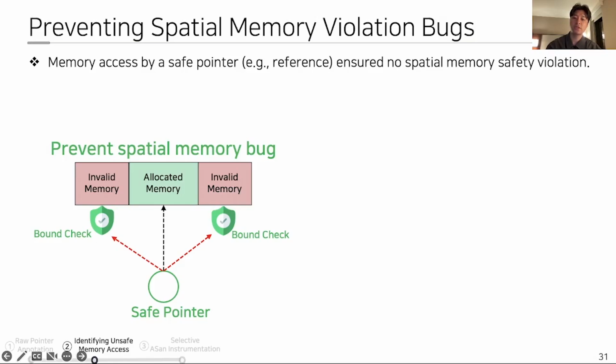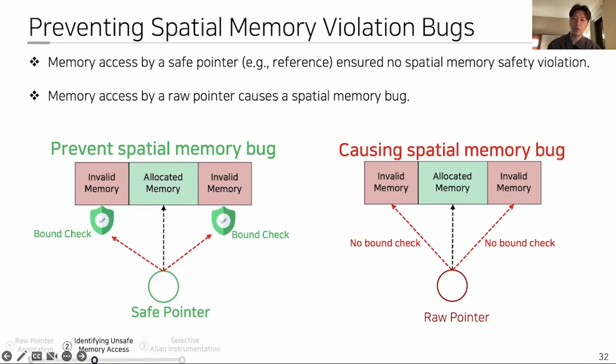In terms of spatial memory bugs, Rust typically prevents buffer overflow through bound checking on safe pointers such as references. Therefore, memory access sites checked by these Rust internal bound checks do not require additional ASAN checks. However, raw pointers are capable of bypassing these bound checks, allowing them to access invalid memory.